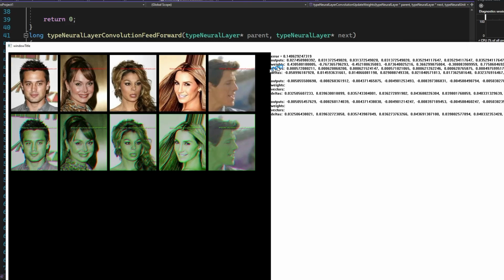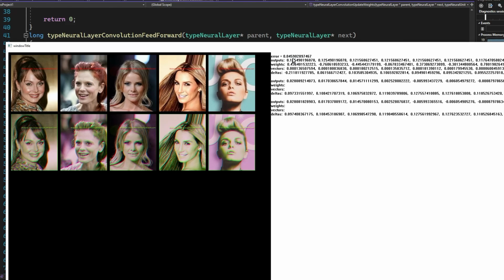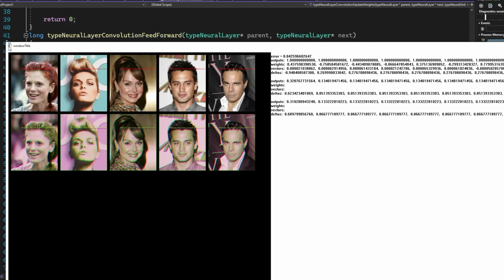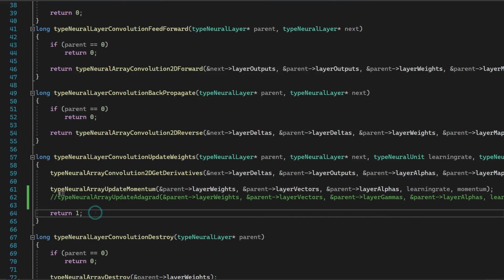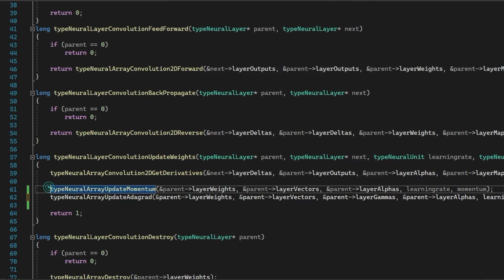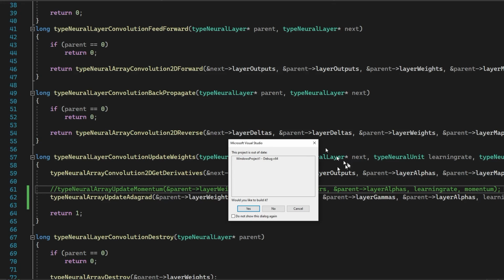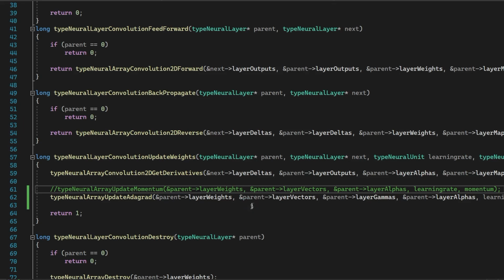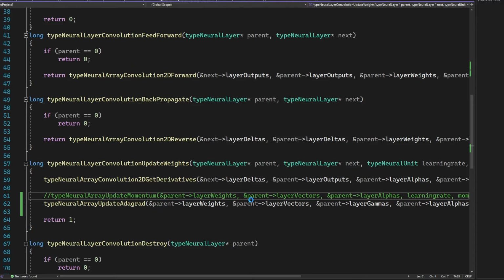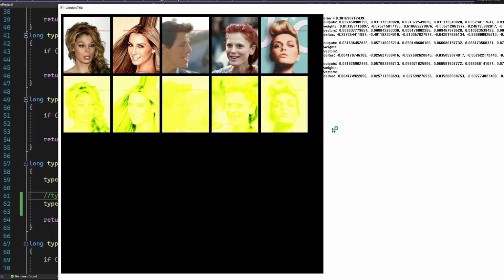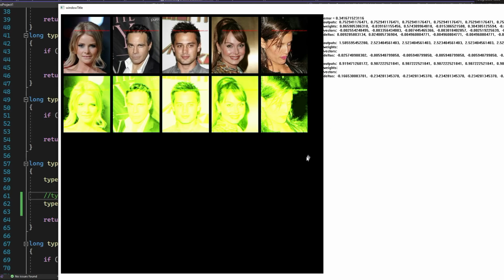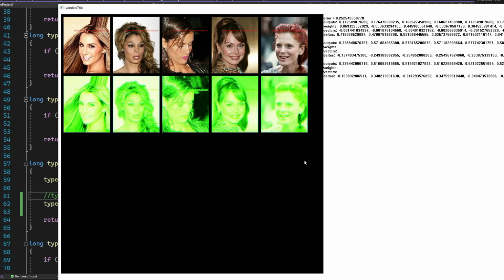Is it working? Yep, it's going down. It's learning. Okay, so that's not AdaGrad, that's anything. I have no way to test if it's learning faster, but just to make sure that it works at all. It seems to be learning, but not very quickly.